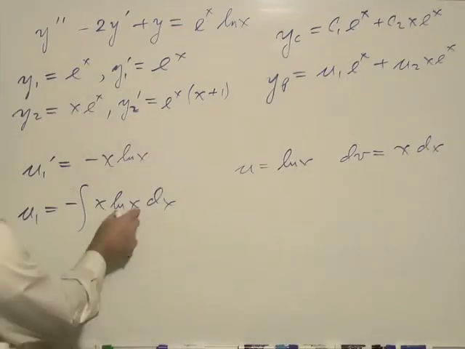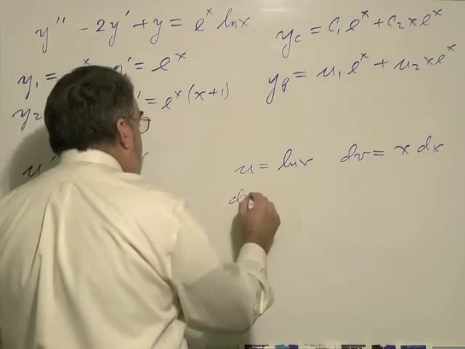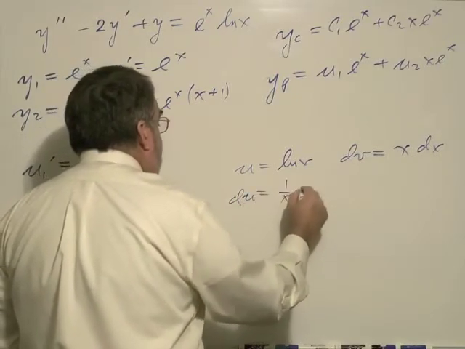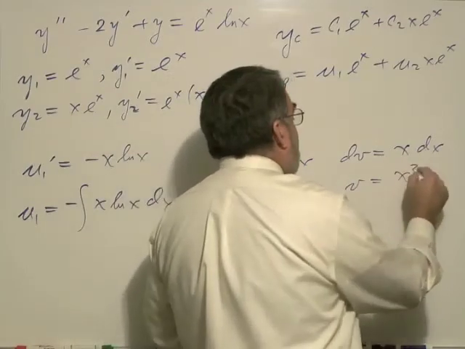So I have u dv, and then du is going to be 1 over x dx. V, integrate x dx, we get x squared over 2.